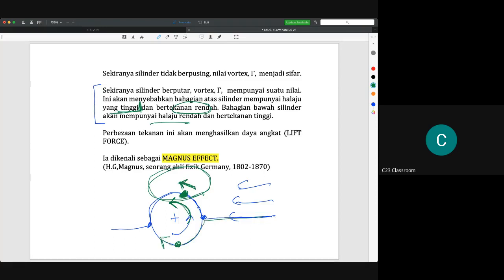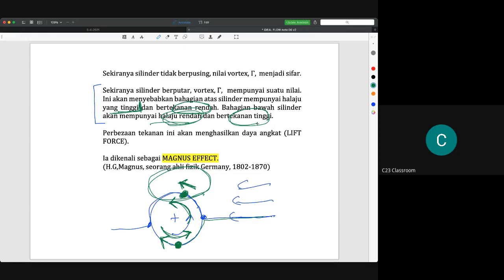The molecule is flowing from right to the left, but the surface here is actually rotating in the reverse direction. So it seems that the surface itself gives resistance to the flowing molecule here, because the direction is different. So it means that there is low velocity, and then it will create a high pressure.